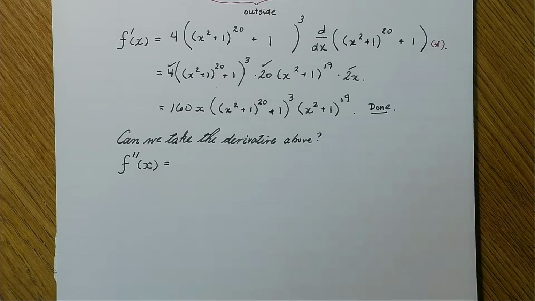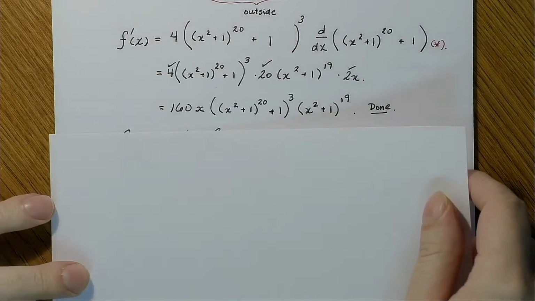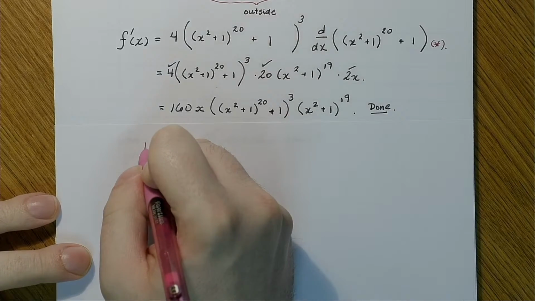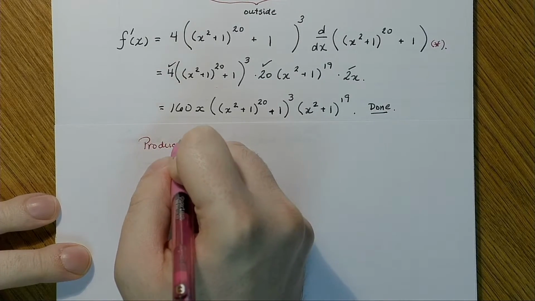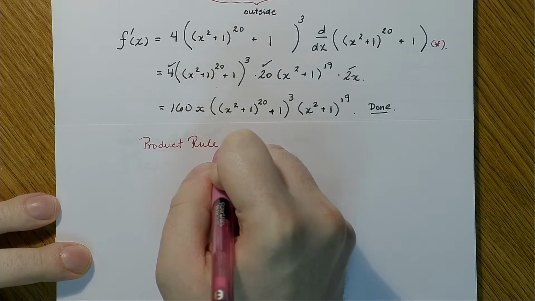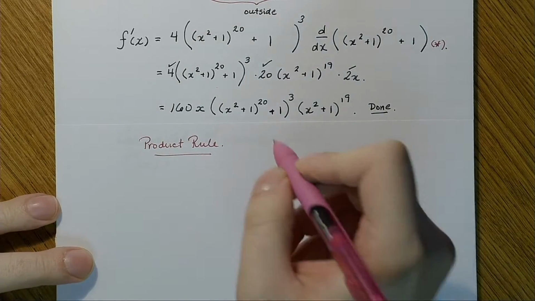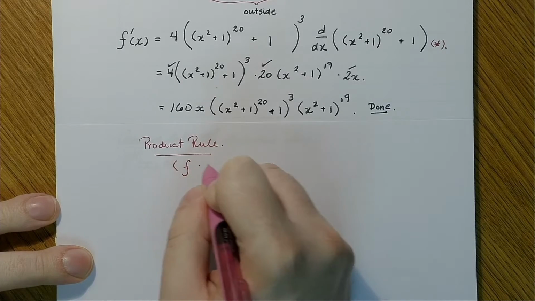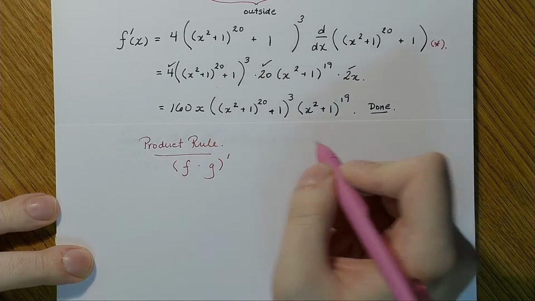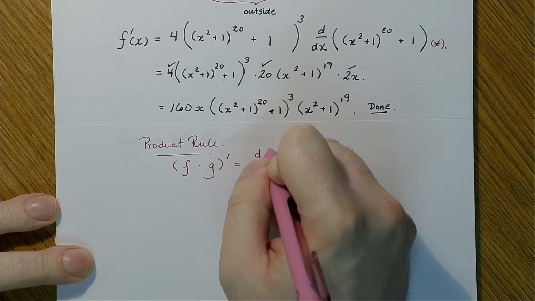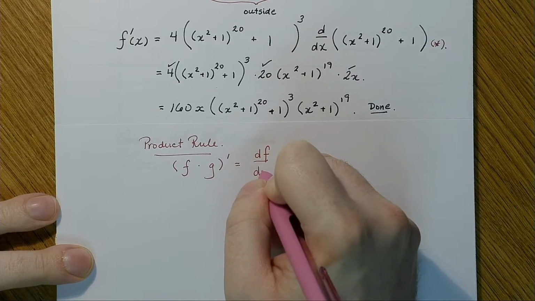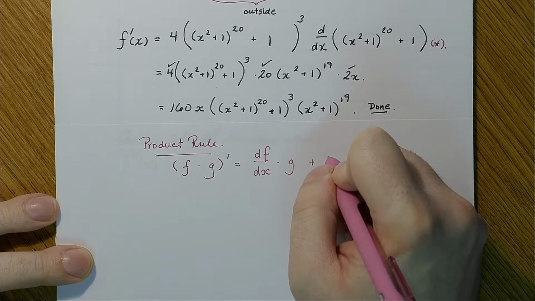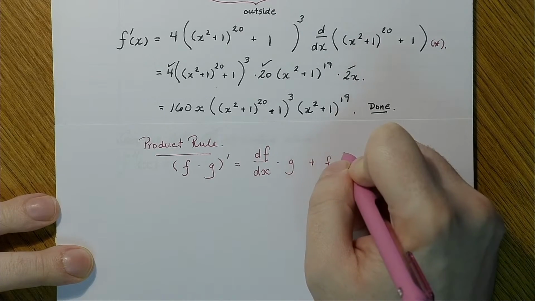And this is a good time to review what the product rule was. If I had f and g, so f times g, and I took the derivative of that, it's the derivative of f times g plus f times the derivative of g.